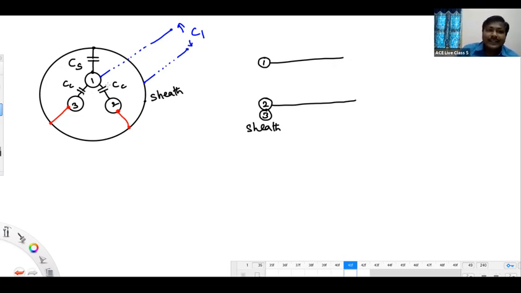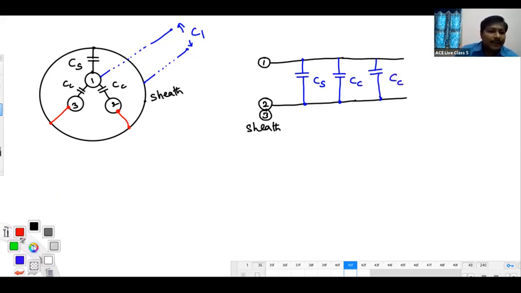Now keep the 3 capacitances in this model. Between 1 and sheath we have CS. Between 1 and 2, CC. Between 1 and 3 again CC.